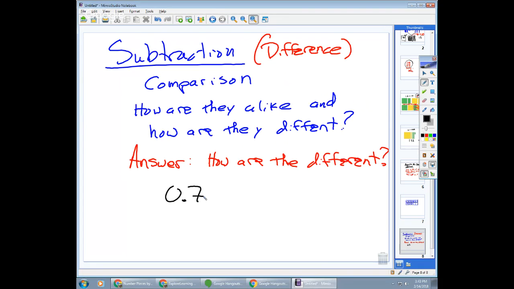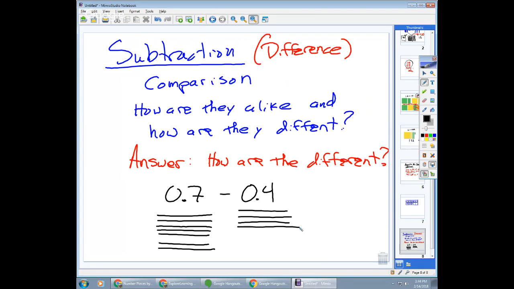So if we have 7/10 and we want to compare that to 4/10, I'm going to draw them sideways. There's my 7/10. There's my 4/10.